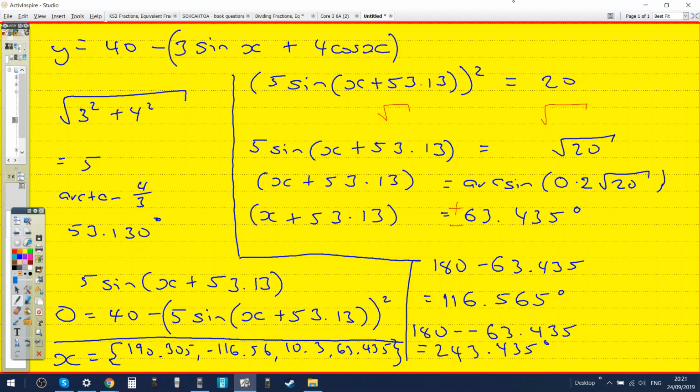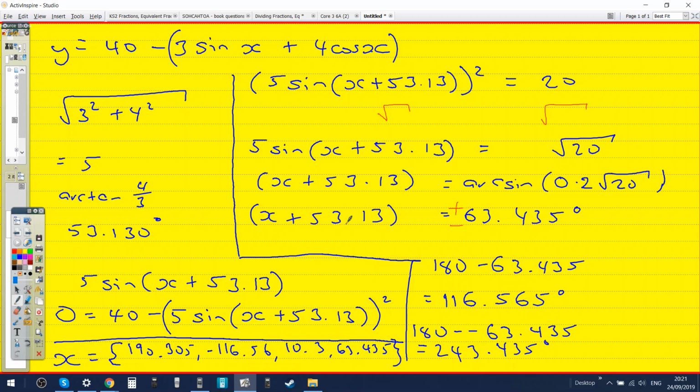So we should have something like 10, and then 116, and it's 243. No, it's all good. Because I don't know where they got their stuff from.